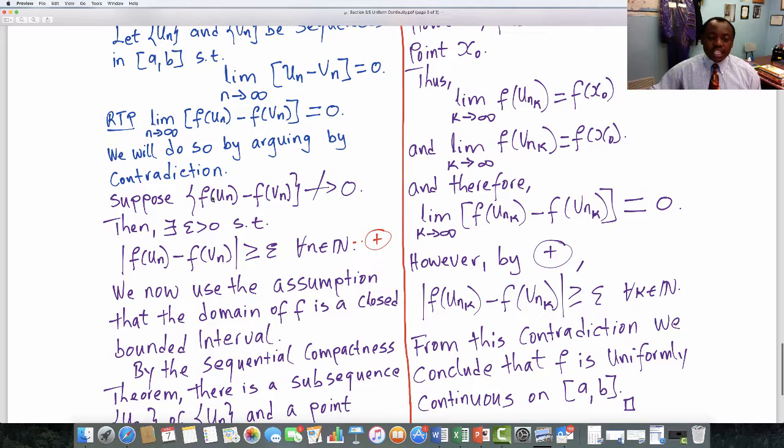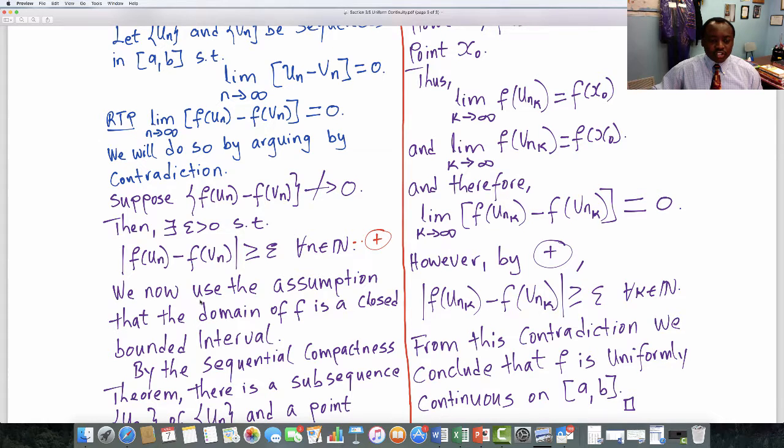Now, if the sequence f(u_n) minus f(v_n) does not converge to 0, then by the epsilon-N definition of convergence, what we are saying is there exists some epsilon greater than 0 such that the absolute value of f(u_n) minus f(v_n) is greater than or equal to epsilon for every natural number n. Call that inequality star.